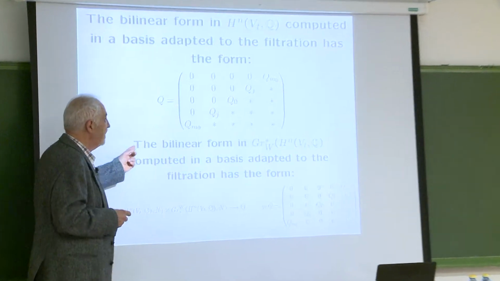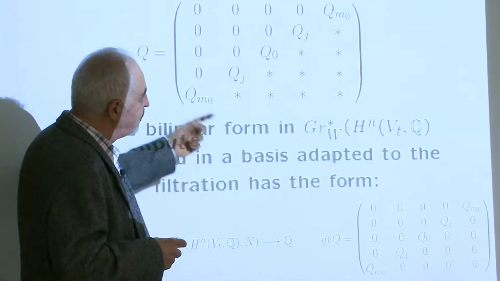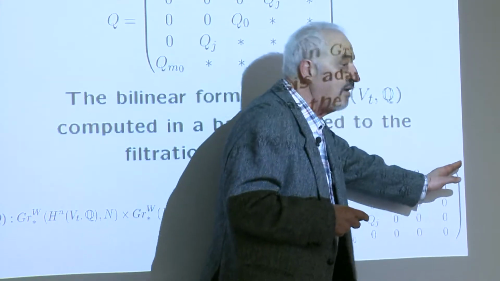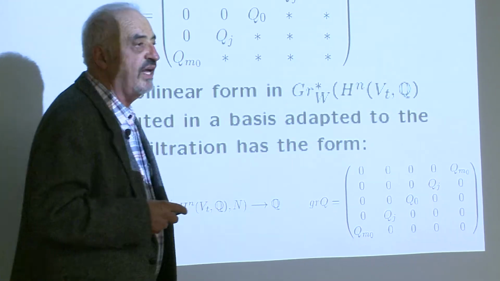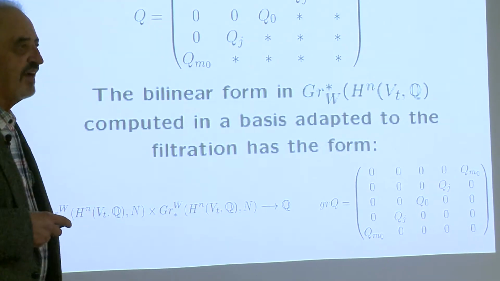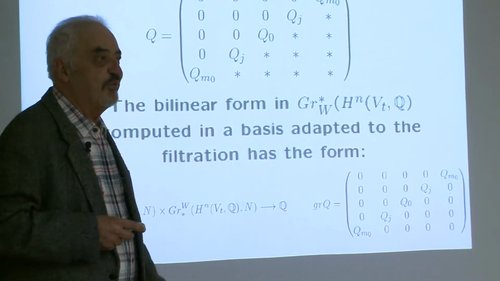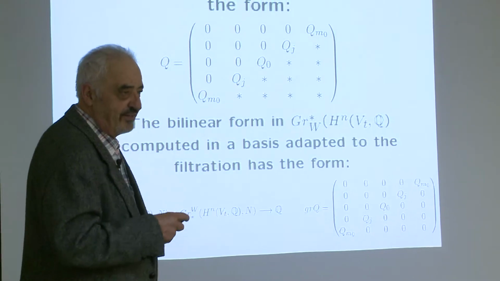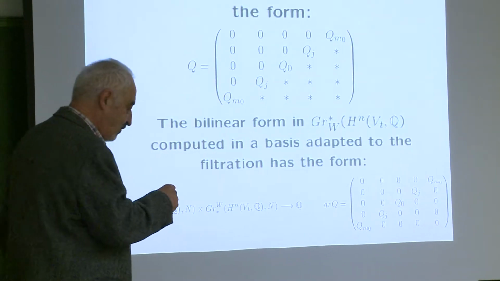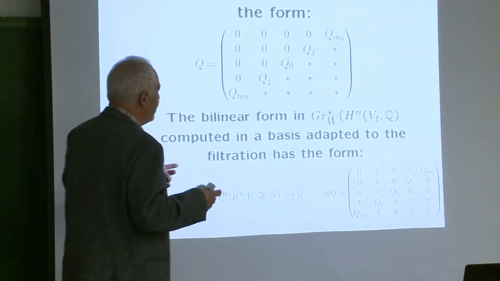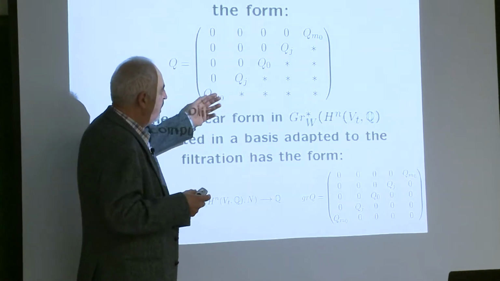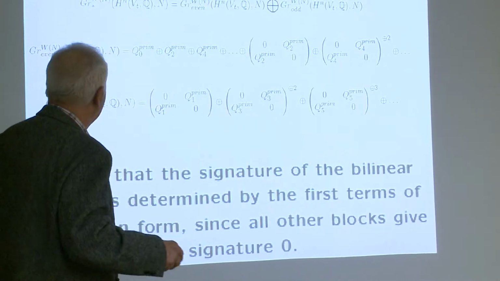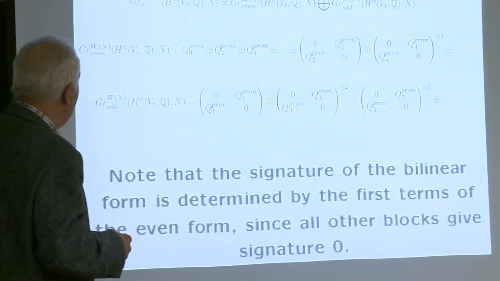And then the good thing about taking the grading is that the bilinear form will only be a diagonal form. So why do you take the grading? If you're very practical, because it's a canonical procedure to get rid of the terms which are below the diagonal, okay? And then it becomes like an orthogonal decomposition. If one is interested in a signature, they have the same signature, so it's simpler to do the signature of this over this.